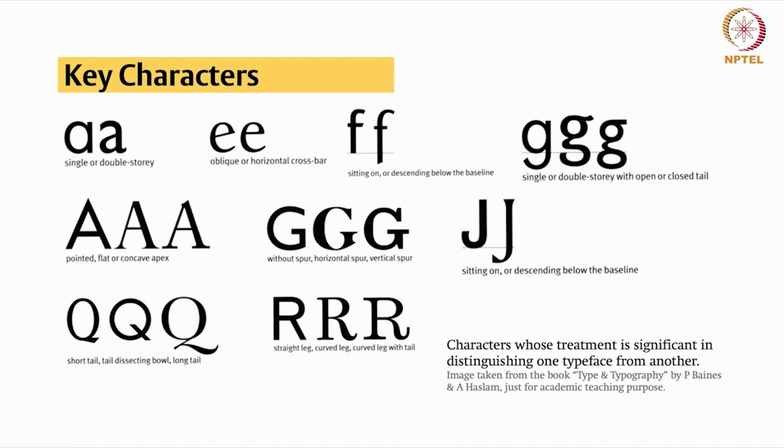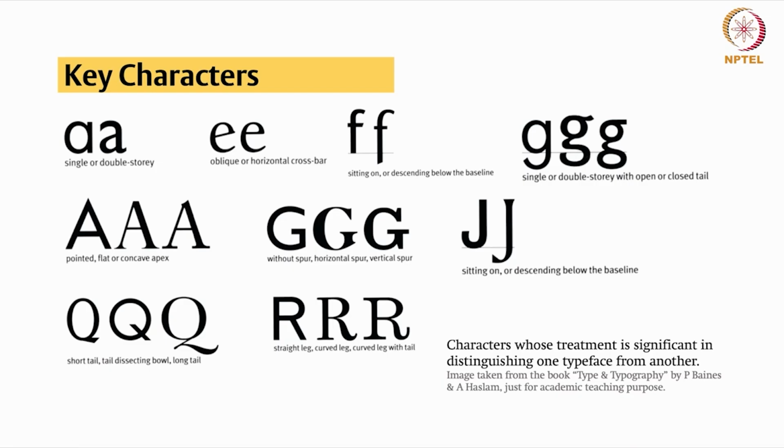Also, you will find a lot of variation in letter G, where you will find a single story letter and a double story letter. In single story you have a single counter space; in double story you have a closed space and one open space as well.